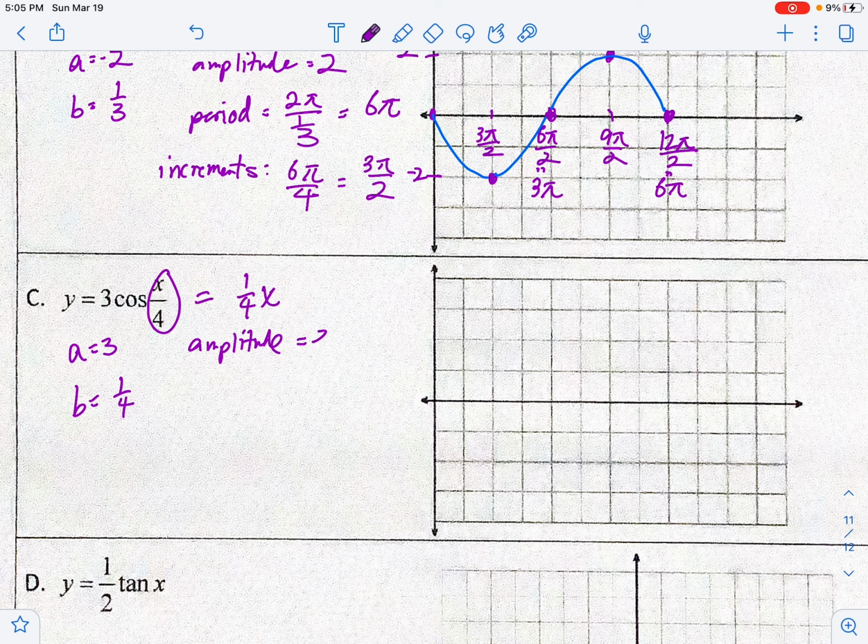Amplitude is 3. And I have my period as, again, 2 pi over 1/4. Dividing that fraction, I should get 8 pi.